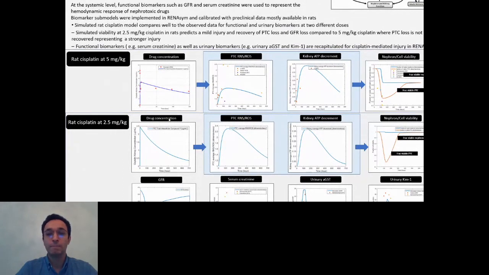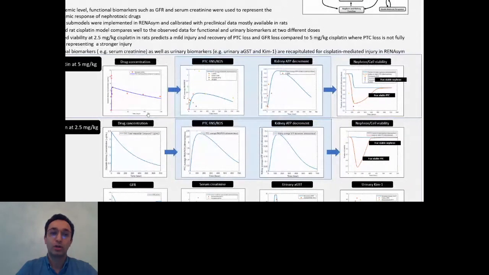The first thing that we did is look at the drug concentration and compare the PBPK simulation results with the data. We look at the plasma concentration as well as the kidney concentration here. That's also important because of the slow clearance of cisplatin from proximal tubular cells.